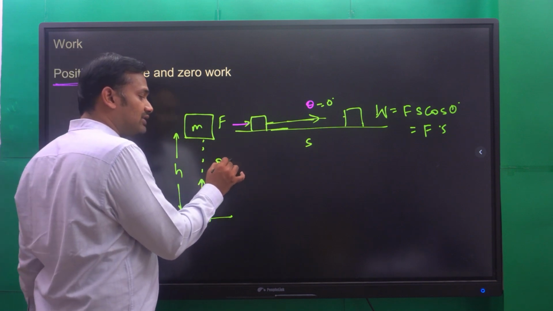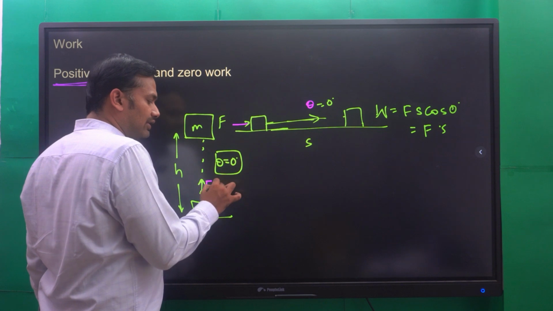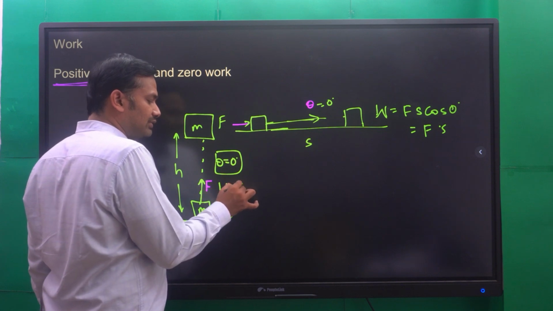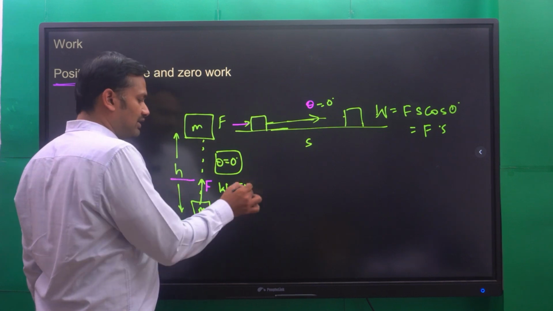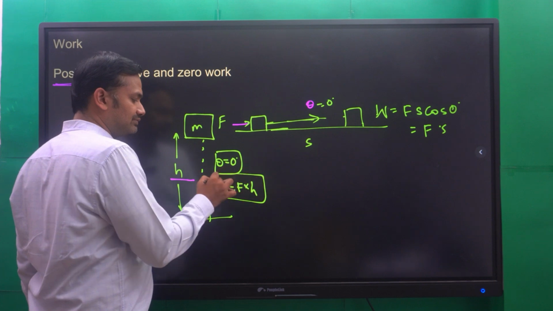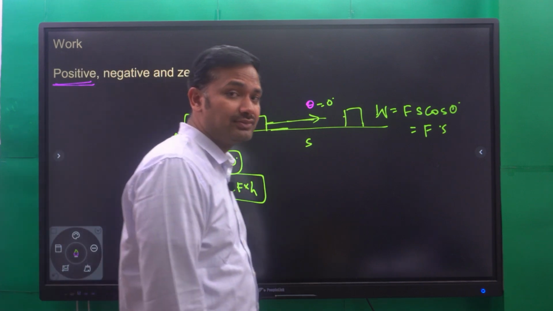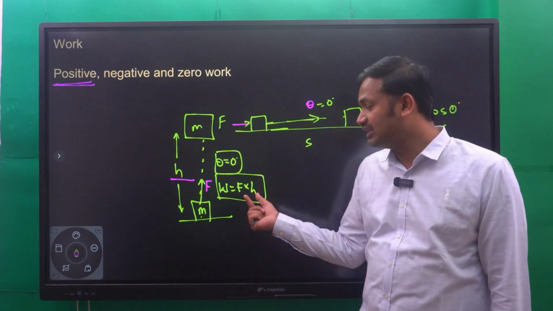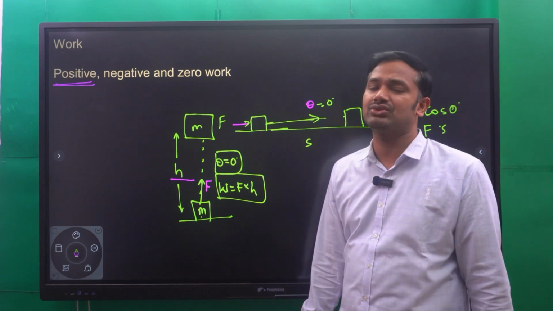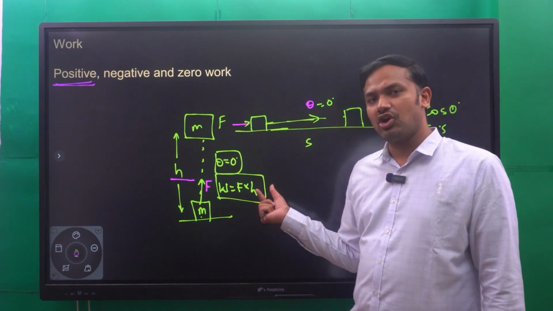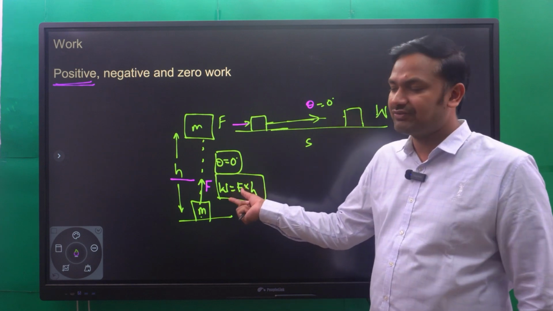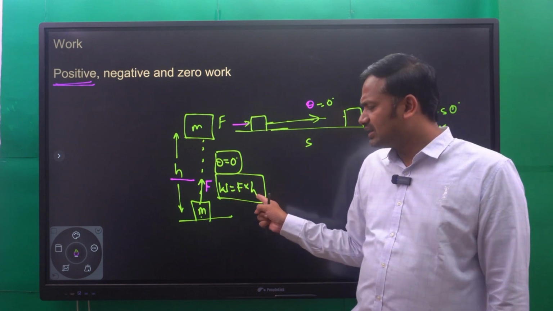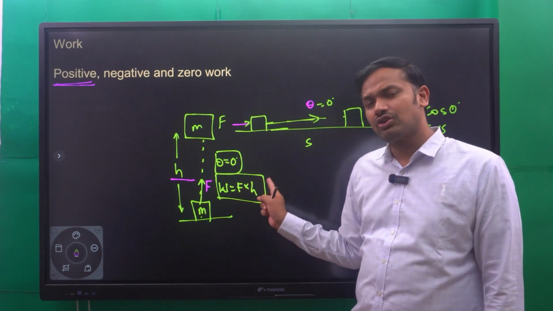Here also work done is equal to F into S, here it is H, positive value. F is positive and H is also positive. Here we are talking about only the magnitudes. Here also you will get F into S into cos 0, here S is H, F into H into cos 0.